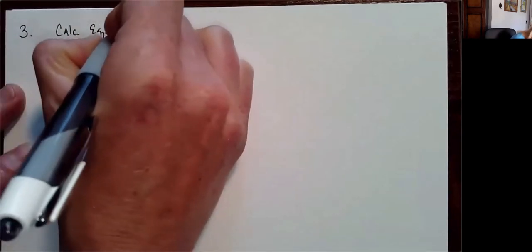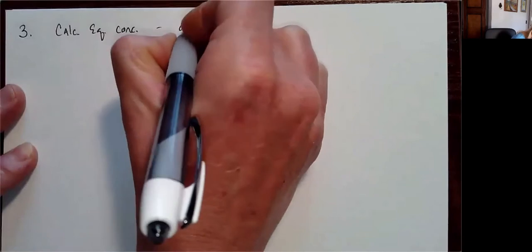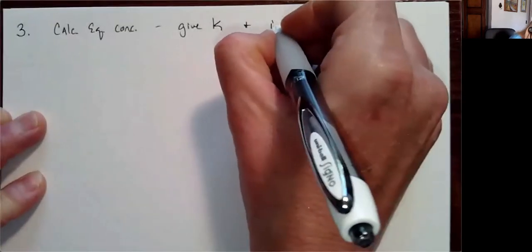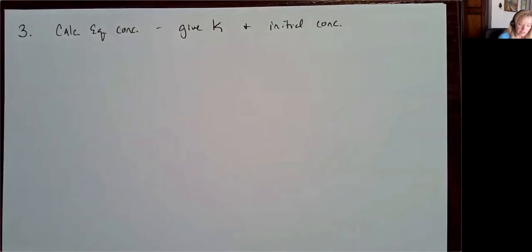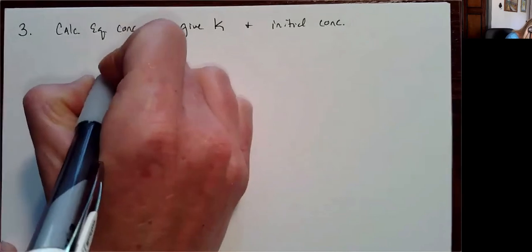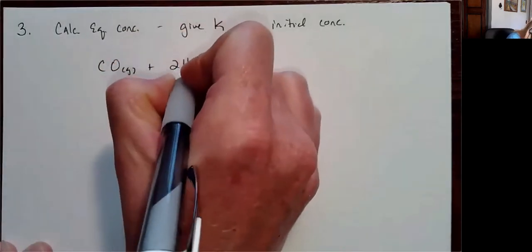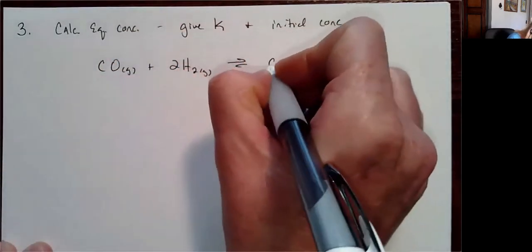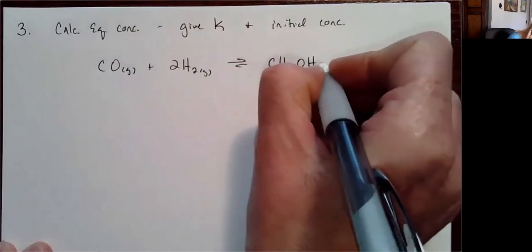Okay, so the third scenario is you want to calculate equilibrium concentrations but you're given K and initial concentrations. Now you need an ice table, and you're also going to have to solve the quadratic equation. So let's go back to our problem. CO plus hydrogen gas is in equilibrium with CH3OH gas.